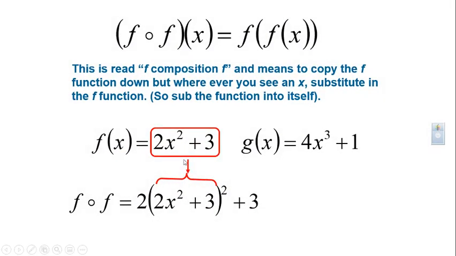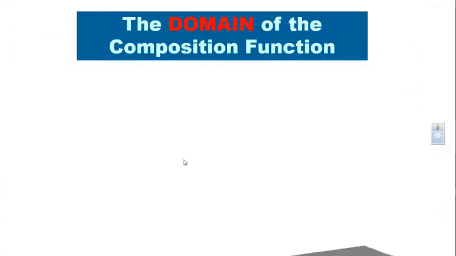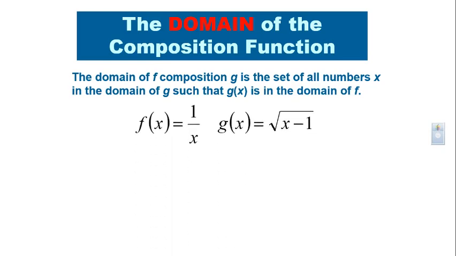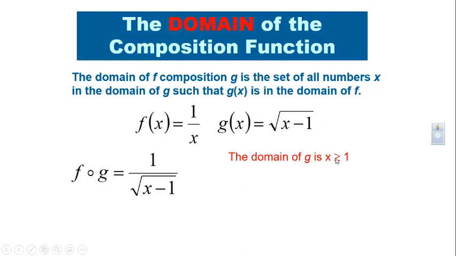Now, to find the domain of the composition of functions, first you must make sure that the domain of the composition must be in the domain of the inner function. And then we can see any additional restrictions. So the domain of f of g of x must be in the region that follows the domain of g. So the domain of g is x is greater than or equal to 1.